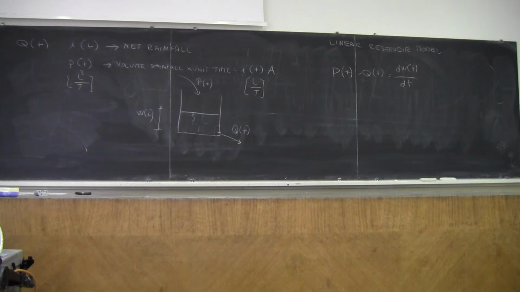But basically they are a relationship between the discharge from a tank and its storage. So they are a relationship between Q and W, and this is what we are looking for. So we need a storage-discharge relationship.